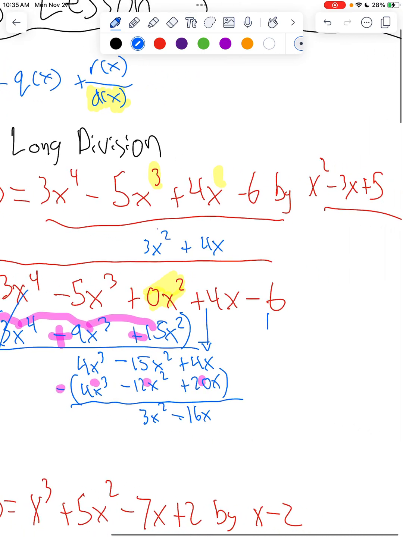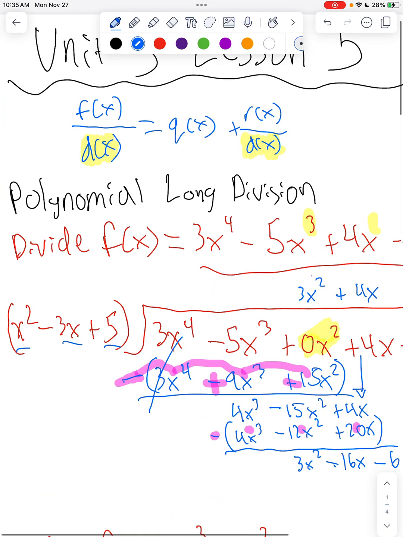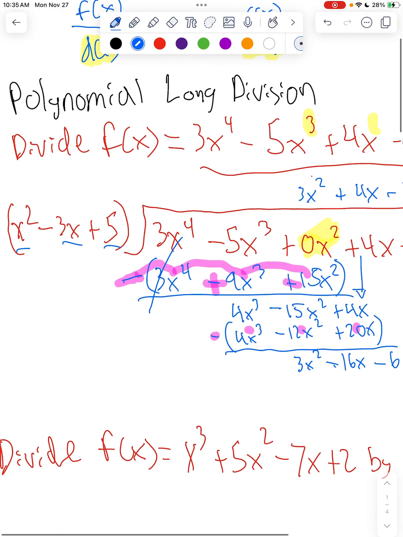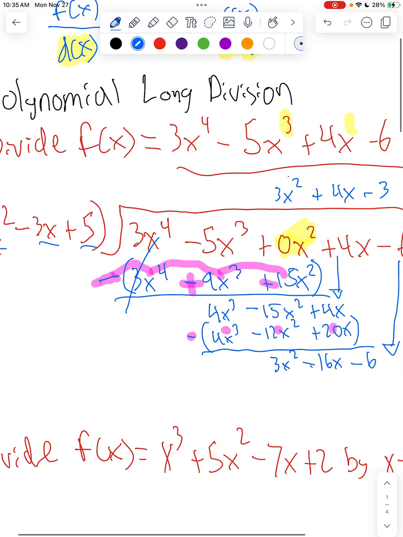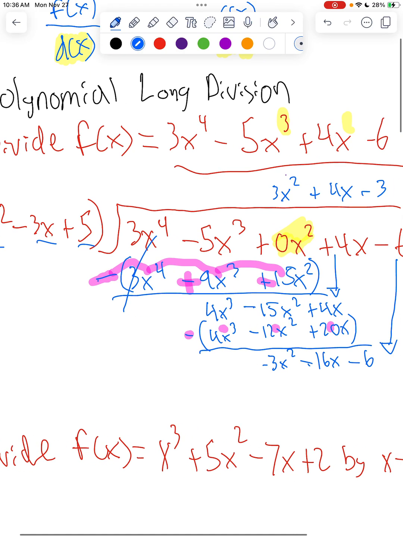Almost done. I have to carry this negative 6 down. Now I want to cancel out 3x squared, so I've got to multiply x squared by negative 3. As I work on canceling out and simplifying, I get negative 3x squared.